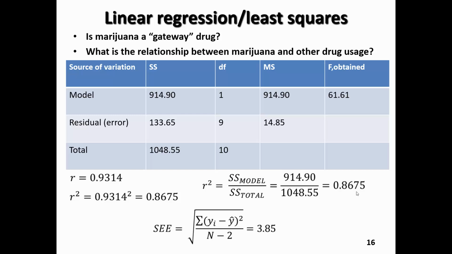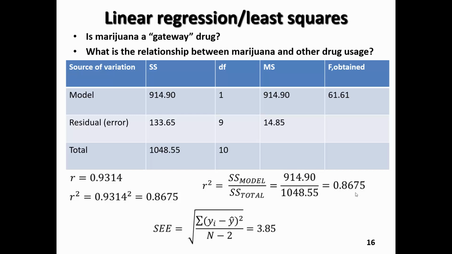And that leaves 13.25% of the total variability in the data accounted for by randomness, that there is no other variable in the study that we can account for that residual variation.